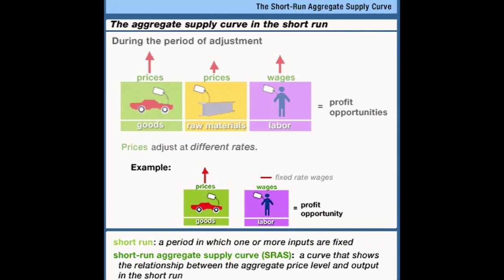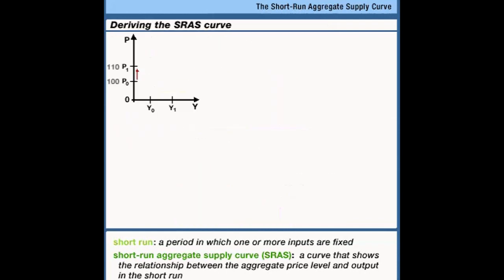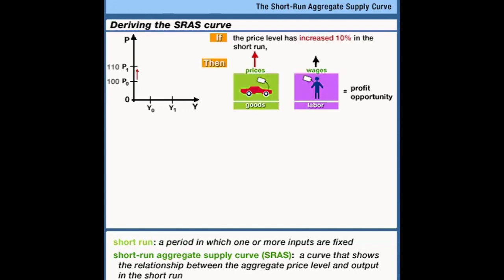If I say that the price level goes up from, say, a level of 100 up to a level of, say, 110, if I say that the price level in the economy has increased by 10%, well, in the short run, the price of automobiles may be increasing faster, getting to that new target, than the price of labor. It takes a while for prices to adjust, and some prices adjust faster than others. Now, there are two stories I can tell you about the way in which prices adjust.